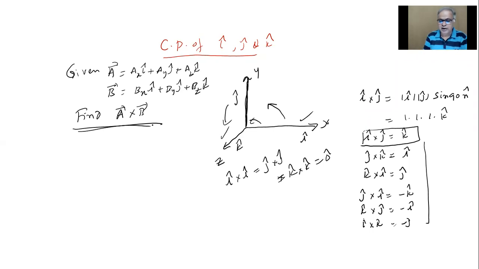Tell me. Later I'll make it simple by showing it in the form of a determinant. But right now let us do the regular way. Just keep talking to me.